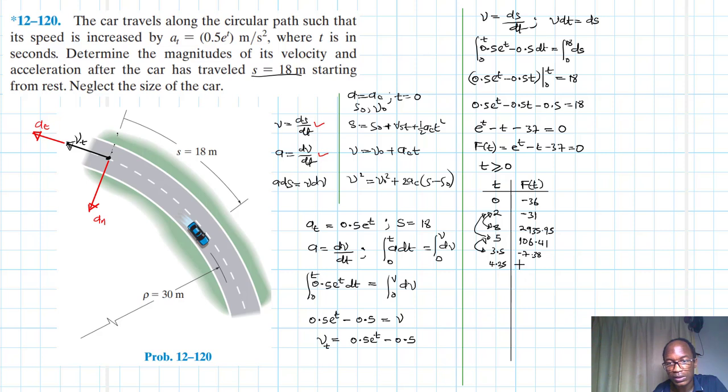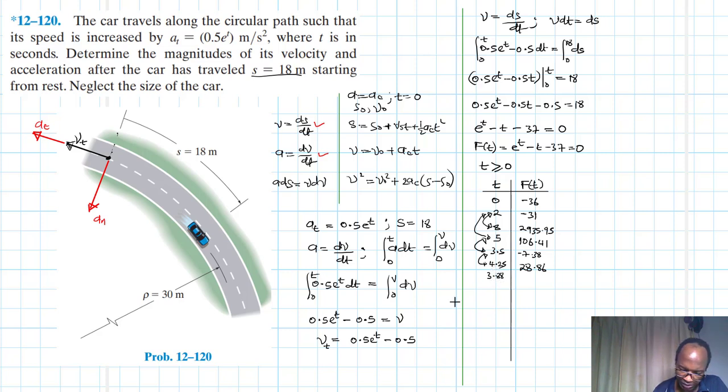So this gives us 28.86 positive. So we can shift to this. So 4.25 plus 3.5 divided by 2, we have 3.88.